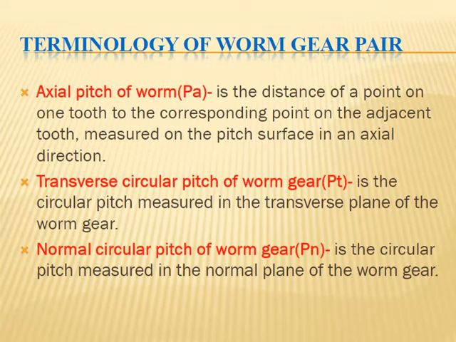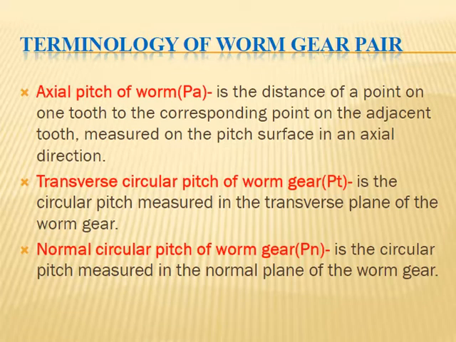Now we will go for the next definition. The normal circular pitch is the circular pitch measured in a normal plane, or the plane perpendicular to the teeth of the worm gear.